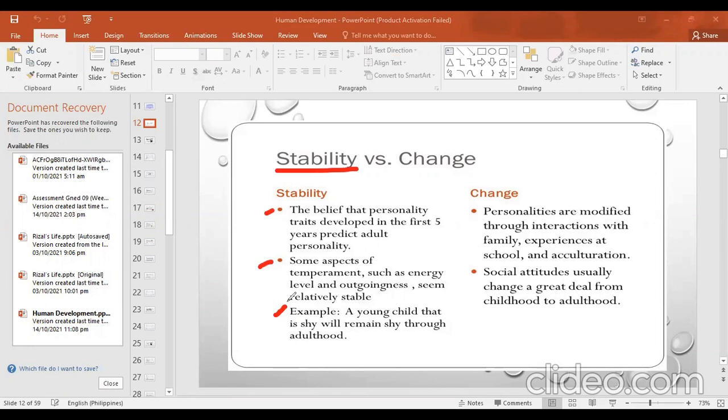Walang pagbabago. Unlike in change, ayan, so personalities are modified through interactions with family, experiences at school, and acculturation. Social attitudes usually change a great deal from childhood to adulthood. So from the time na ikaw ay napakamahiyain, no, nagbabago because of the environment.